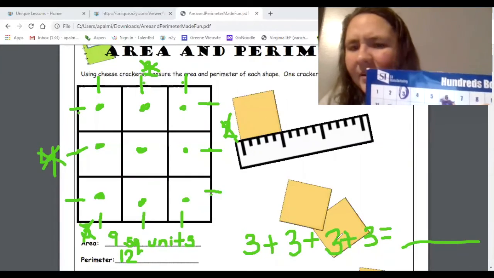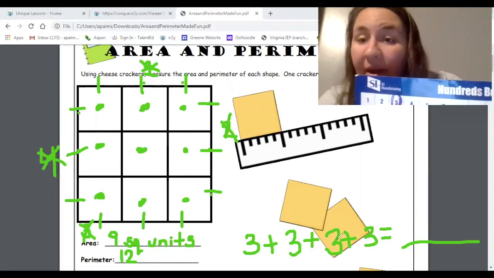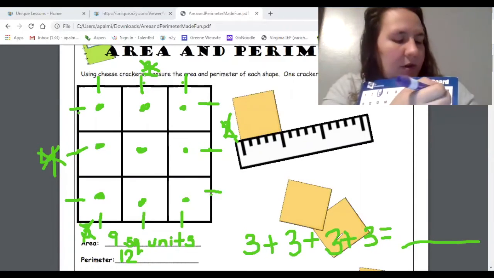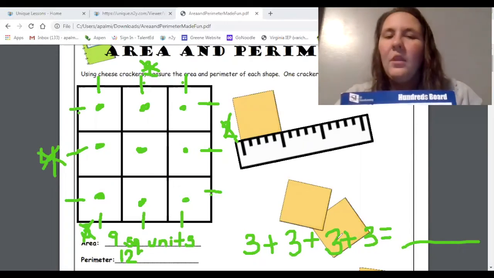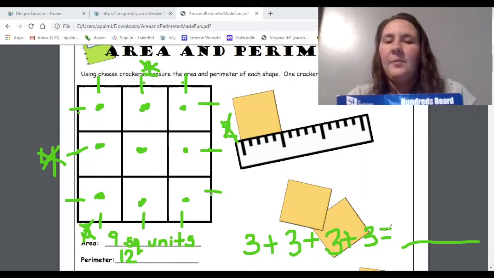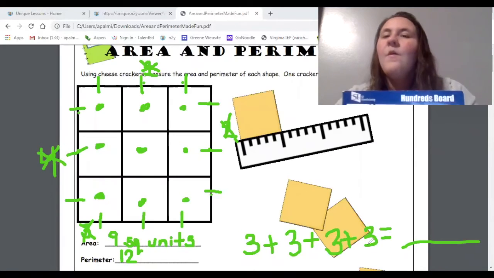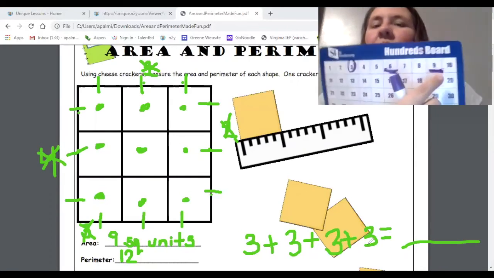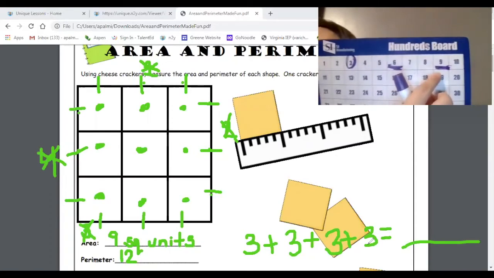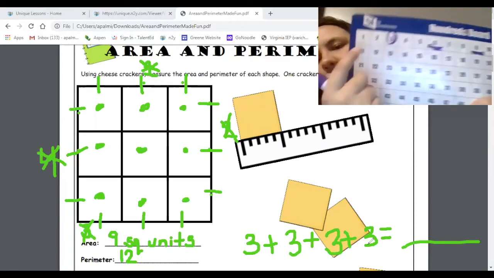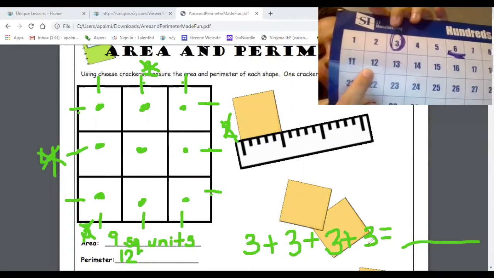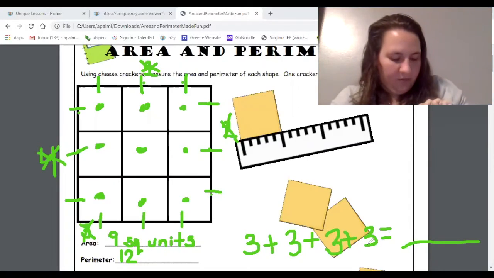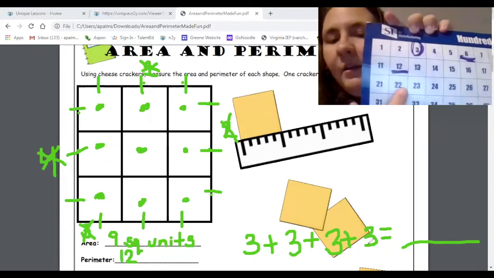Did I count all my sides? No, right? I have one more. So I'm going to put my line underneath so I know that's where I stopped, but I need to keep going. I'm going to move my arrow to see my last number. What number is this? 3 again, right? So I start here and I'm going to add 3 more. Ready? 1, 2, 3. What number did I land on? 12. Very good.